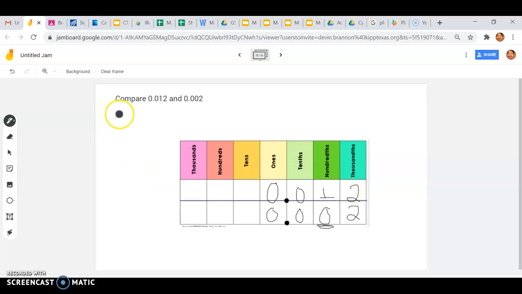Then the next thing we're going to want to do is simply write a comparison statement. So we have 0.012, or 12 thousandths, is greater than 2 thousandths.